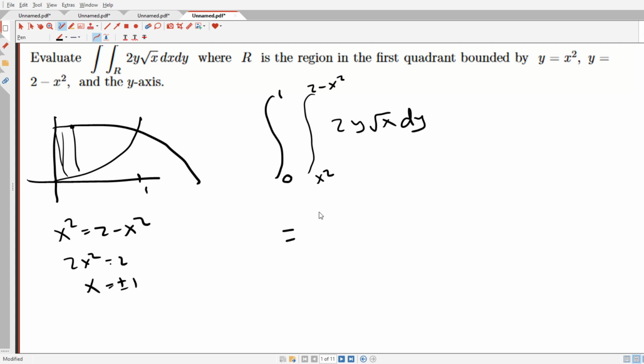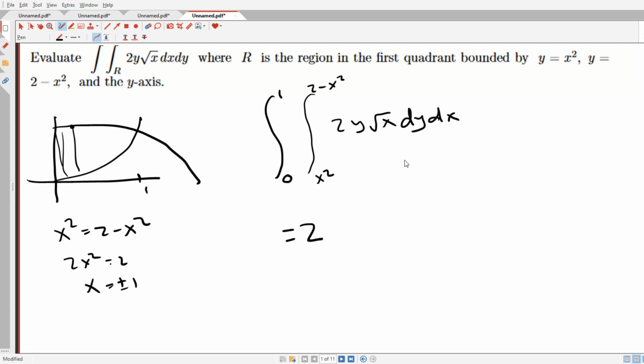Okay, so I evaluate this. This is separable, so I can bring the 2 all the way out in front. And then this root x doesn't depend on y. So as far as y is concerned, it's a constant. I can bring it out of this. And then I can factor the integral with respect to y.